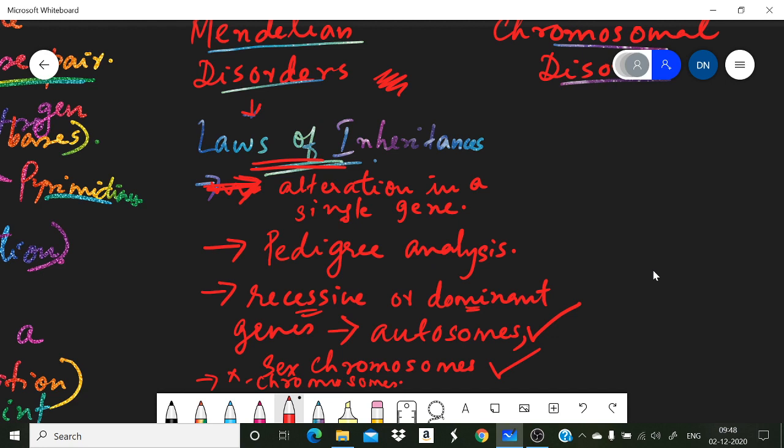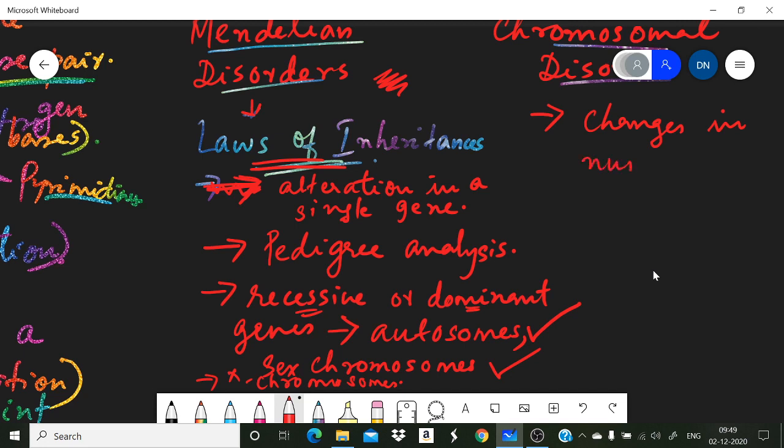And today, now we are going to study about the chromosomal disorders. The second one, that is chromosomal disorders. These are due to changes in the number of chromosomes, or also by structural changes.